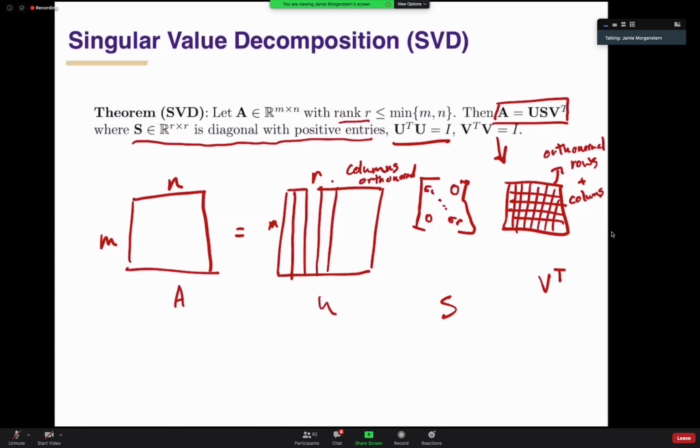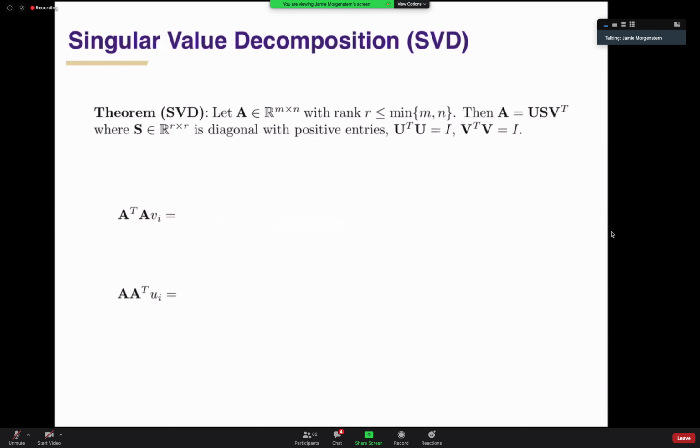Okay. So this is a really nice decomposition, and it has many uses. But one of them is that it has a natural relationship with eigenvectors. So let's start by looking at what A transpose A is.